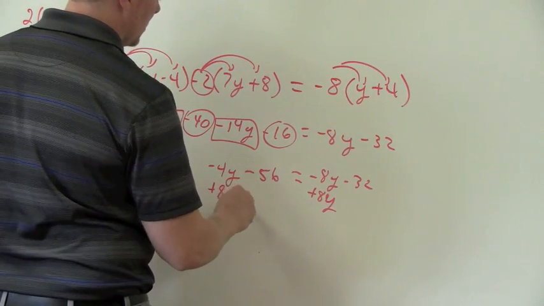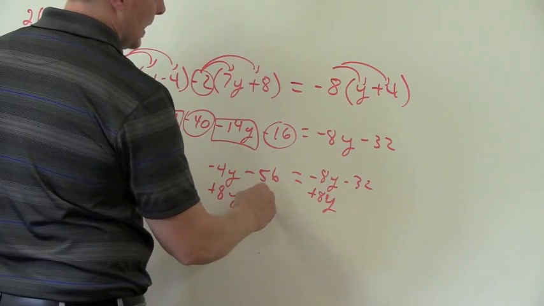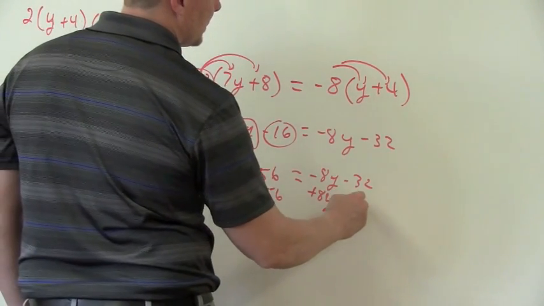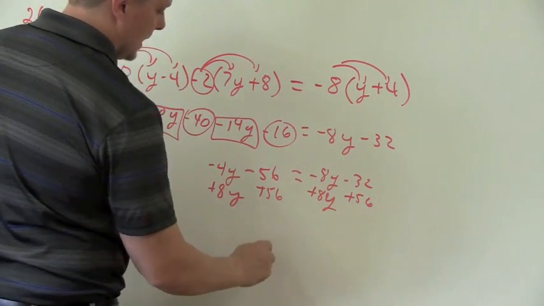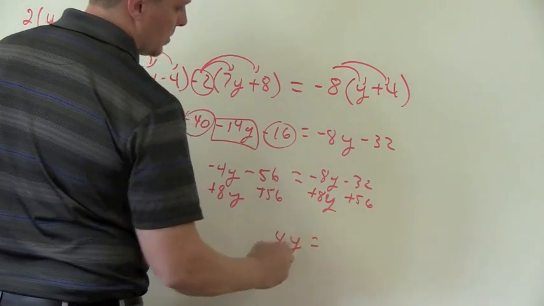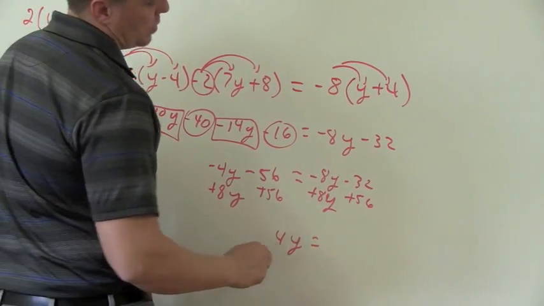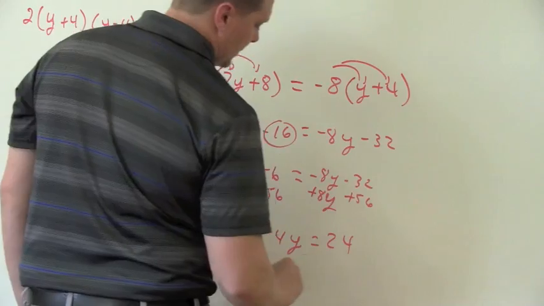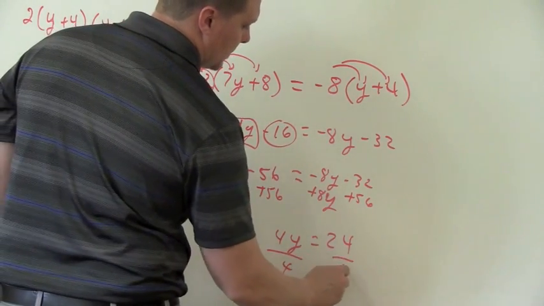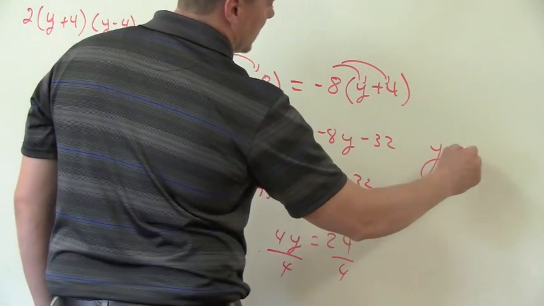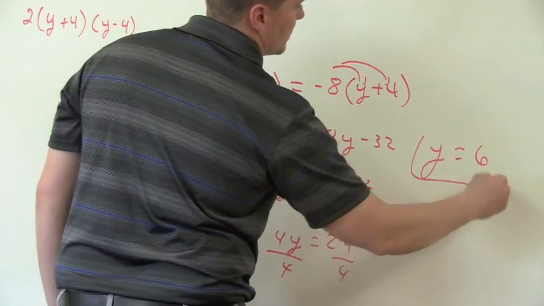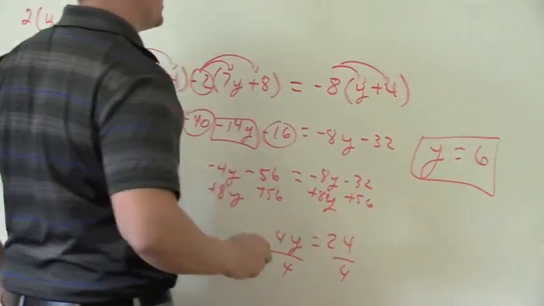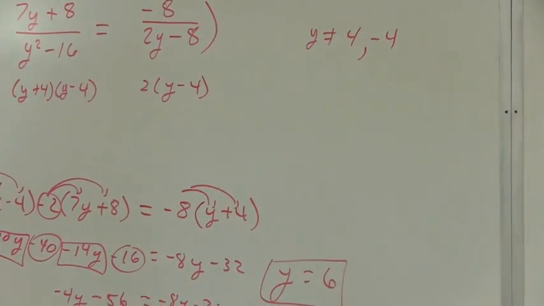So I always want to move the smallest to the biggest. And then add 56 to both sides. I do that, I get 4y is equal to 24. Divide by 4. Y is equal to 6. Is that one of my restrictions? Nope. Boom. There's your answer for D.